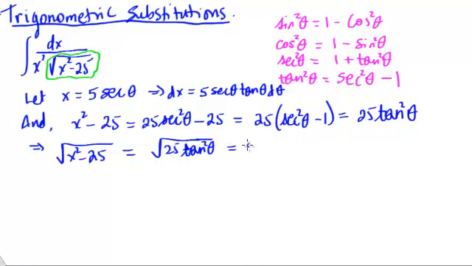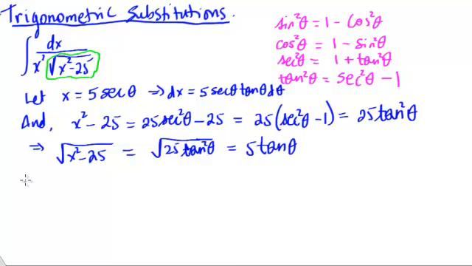which is 5 tan theta for theta in the first quadrant, for appropriate values of theta. We'll be taking theta in the first quadrant in this case, so the square root of tan squared theta becomes tangent of theta.